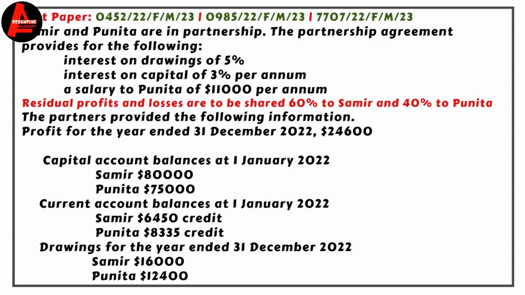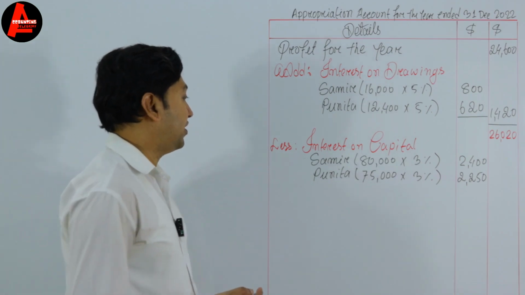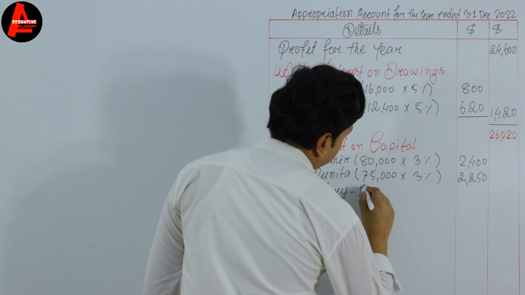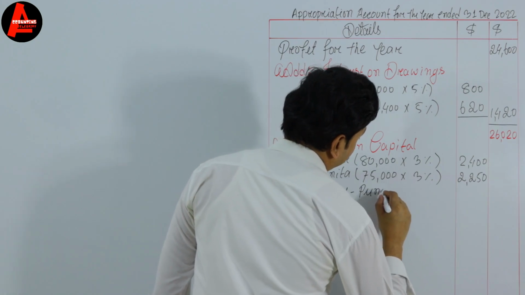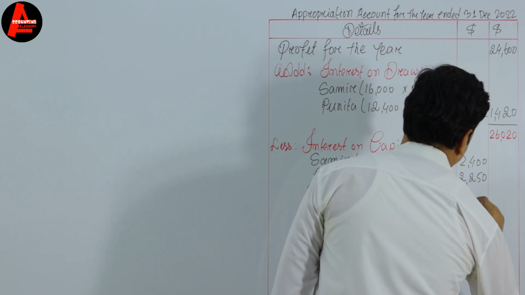Then we have one more expense in this question. It is salary. Yeah, so a salary to Punita of $11,000 per annum. So this amount will be paid to Punita. Okay, so let us write here salary. So here the partner is Punita, so it is $11,000 per year.